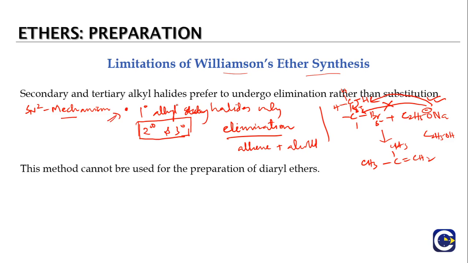Due to this fact, even symmetrical ethers containing secondary and tertiary alkyl groups cannot be prepared in good yields by the Williamson synthesis. Similarly, another limitation of this method is that we cannot prepare diaryl ethers.